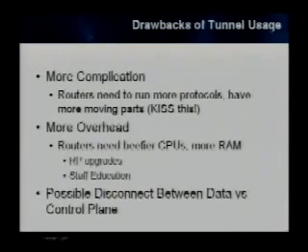Some of the drawbacks are that it definitely adds a level of complication to your network. There are more protocols, more moving parts. It also adds a lot of overhead, so you need beefier routers.